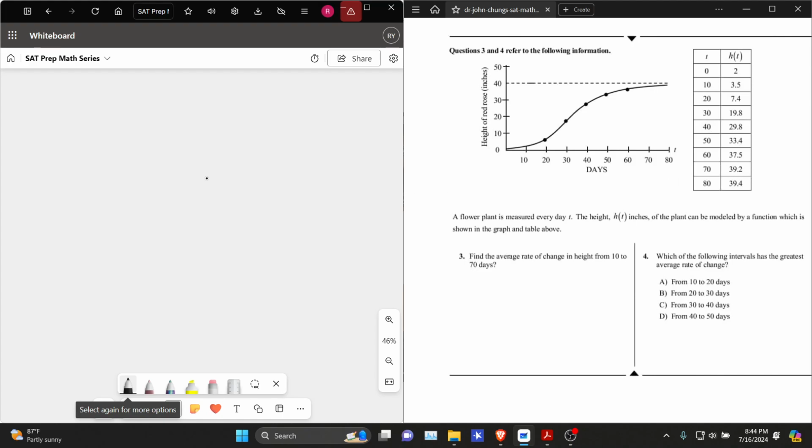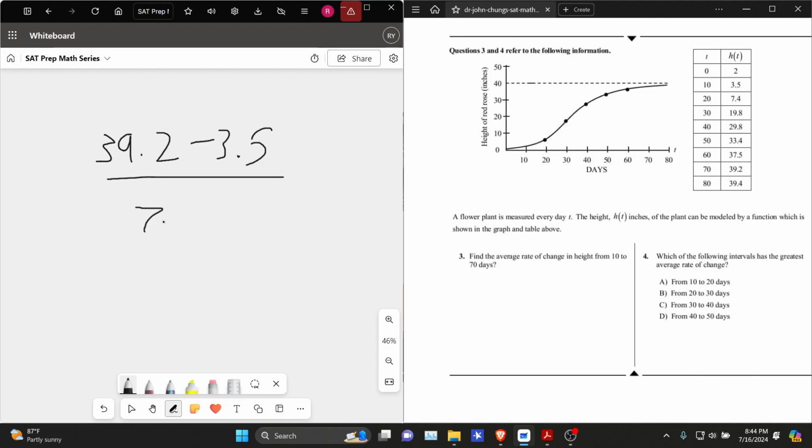So what we do is plug those into the slope formula to find the average rate of change. It's rise over run, so it's 39.2 minus 3.5 over 70 minus 10. And then you should get 0.595 when you plug this into your calculator. And that should be your answer.